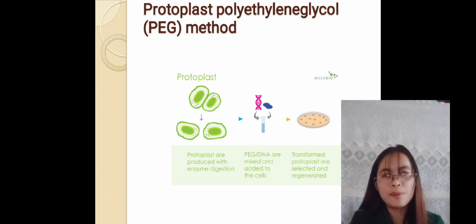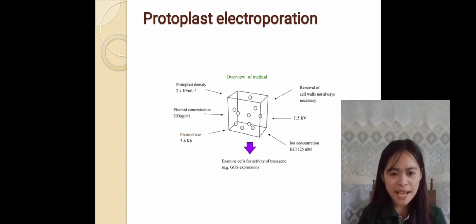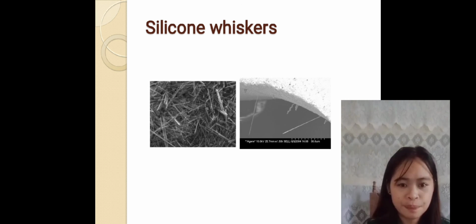The protoplast polyethylene glycol method was the first technique to report the successful integration of foreign genes into a plant cell. Protoplast electroporation method: an intense electrical field leads to pores in the plasma membrane, allowing the DNA to enter.